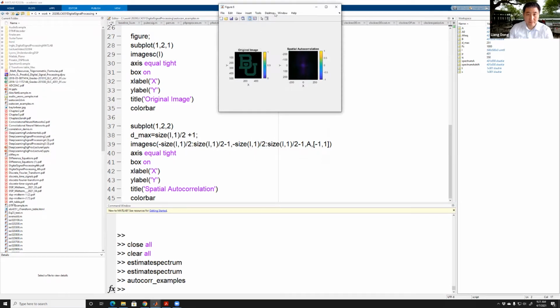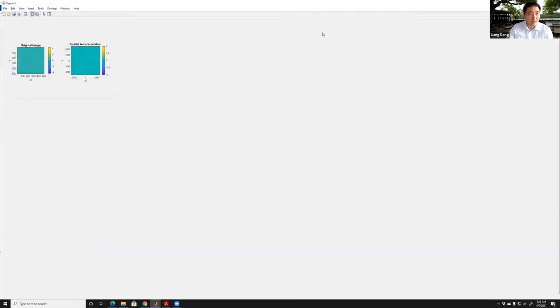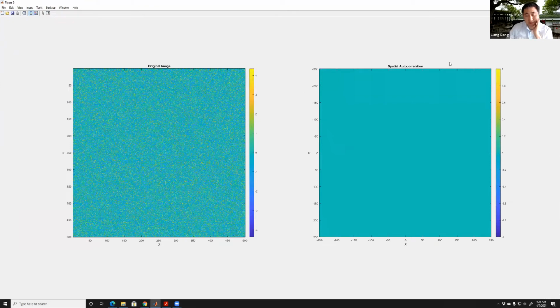Okay. So first, this is the first image. Remember, the first image is just completely random. The original image here is completely random. Each pixel is a Gaussian random number. Then on the right is the spatial autocorrelation. This gives you a 3D image.